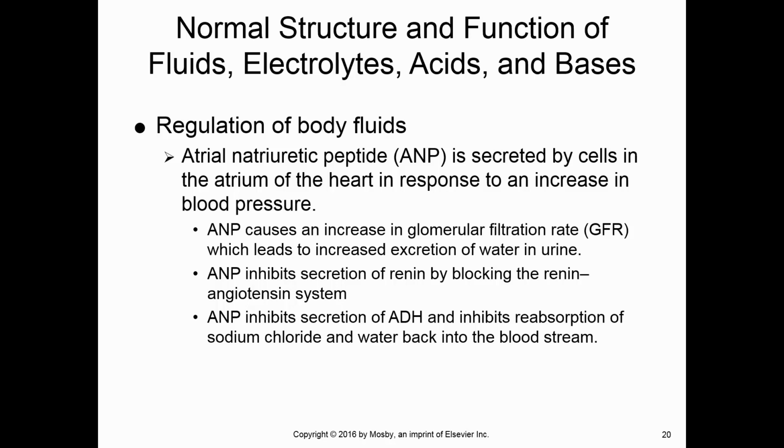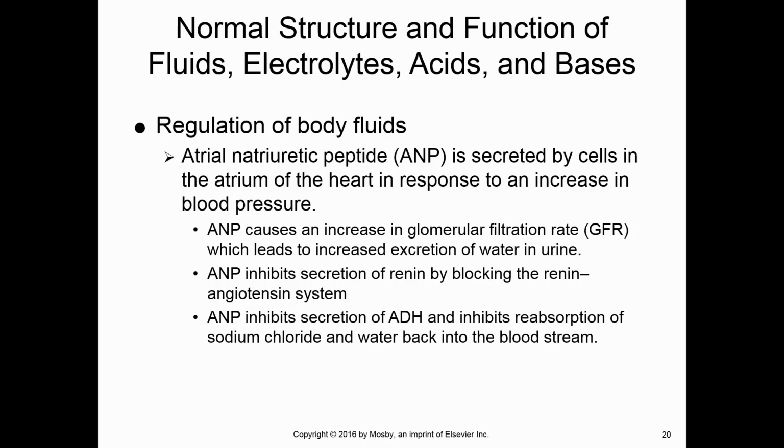Atrial natriuretic peptide is secreted by the heart in response to an increase in blood pressure. And ANP causes the kidney to increase the glomerular filtration rate, which leads to excretion of water in the urine.